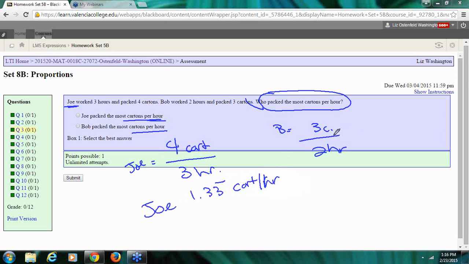And this guy Bob did 3 divided by 2, which technically is 1.5 cartons per hour. So technically Bob packed the most cartons, because if they kept going for 2 hours, 3 hours, you would see that Bob outdoes Joe in a shorter amount of time.